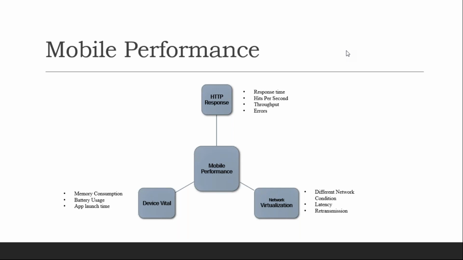Think of a person using a mobile device in a basement, say somebody who went down to the basement in the lift and is using the mobile there. How will the application work, because in the basement the network will be very weak? Or if someone is going to a forest or a remote area and trying to use the internet with low bandwidth, how will your application behave?